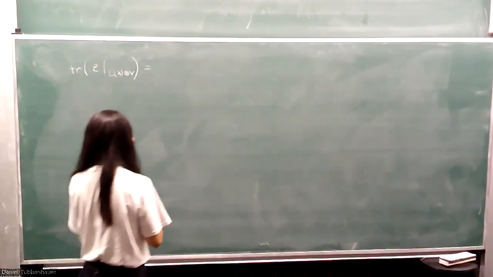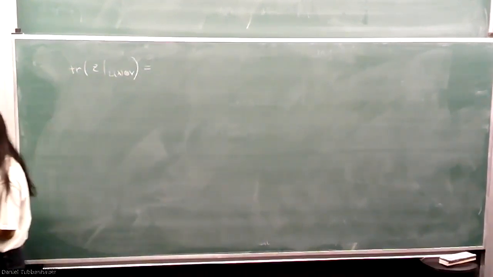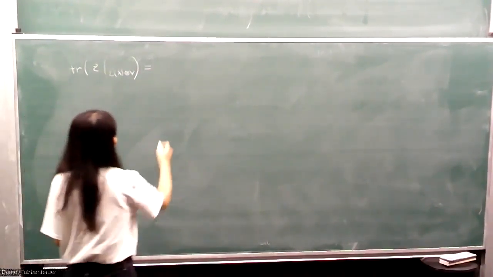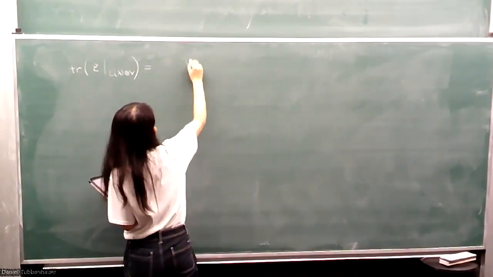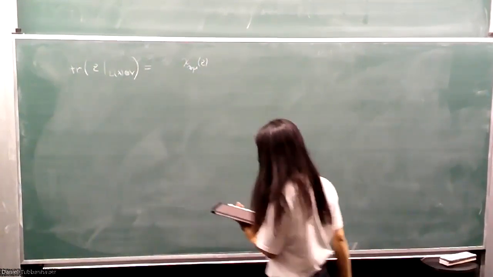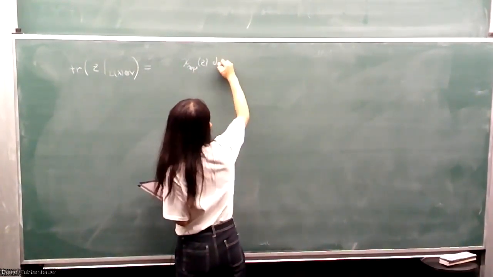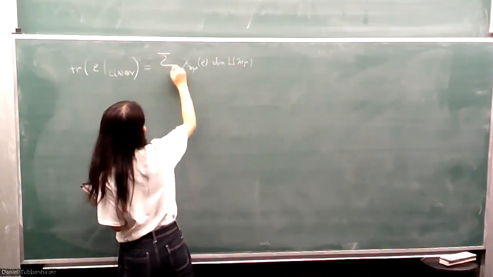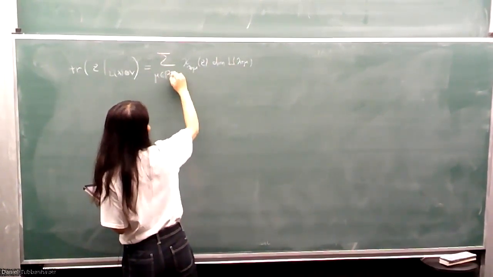And the scalar is the central character of this module evaluated at z, which by the definition of the Cartan map is what we denoted by chi lambda evaluated at z, times the dimension of L lambda. This is the sum over all the weights.